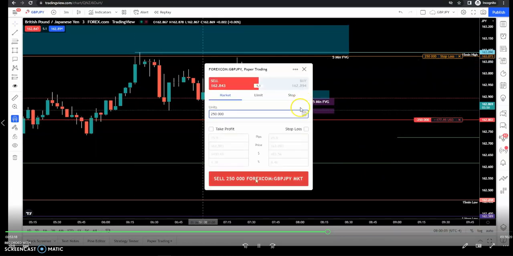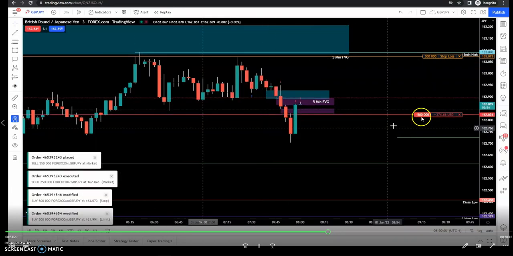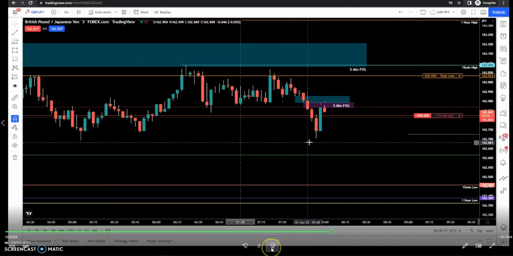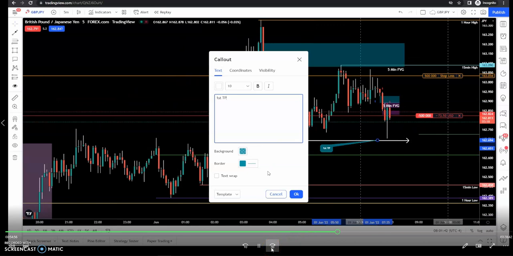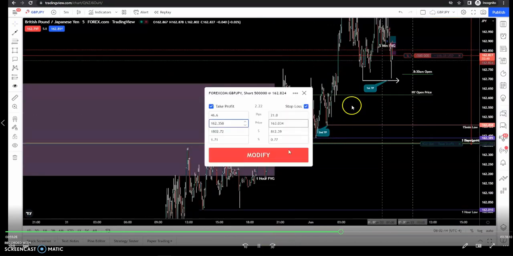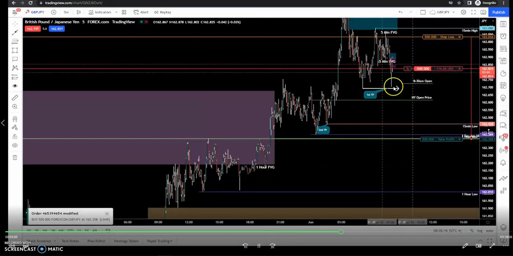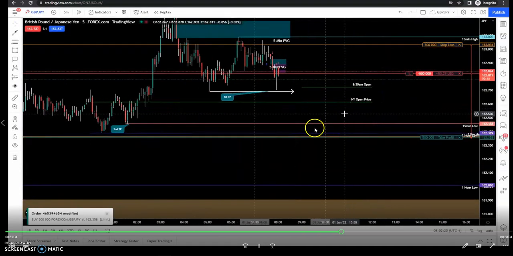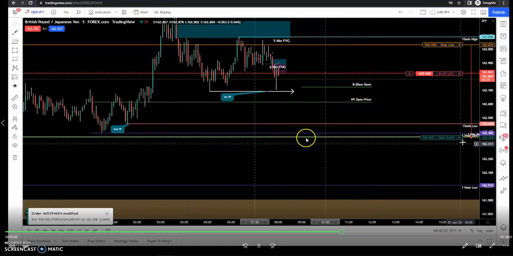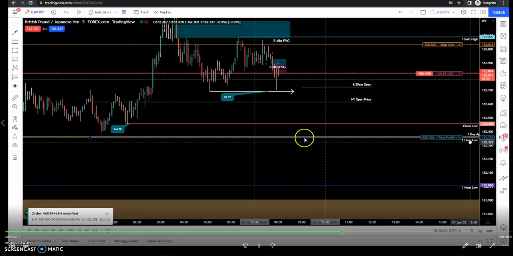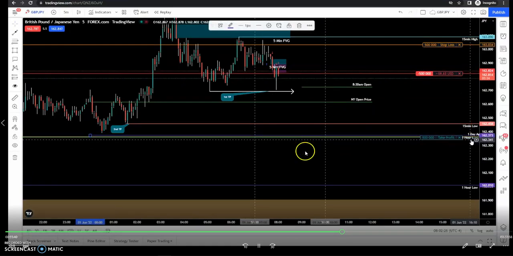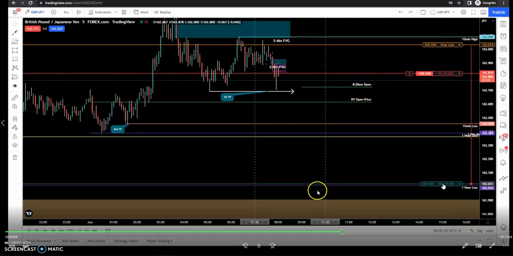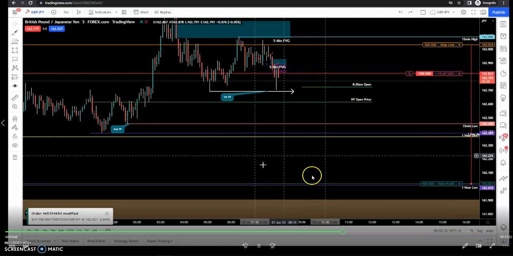As it plays around this 3-minute fair value gap, I enter another position, making it into 500, and then what happens is I'm writing down this would be my first TP, and that would be my second TP, and then I would collapse the trade there under this 1 hour low, or just before the 1 hour low.